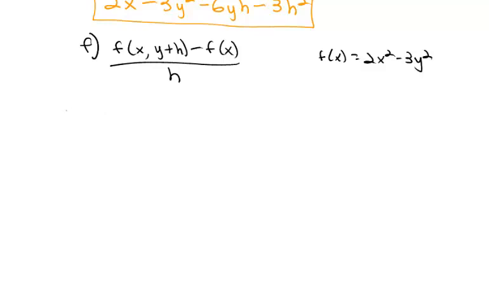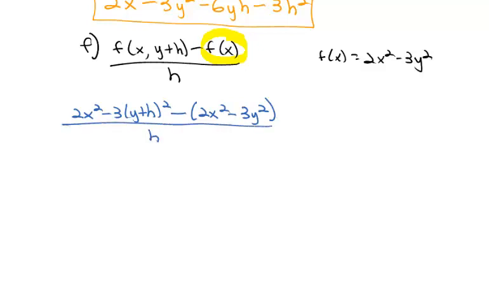So now we've got f of x, comma, y plus h: 2x squared minus 3 times y plus h squared. Minus, again, we're subtracting the entire function, so put the entire function in parentheses: 2x squared minus 3y squared. All over h.